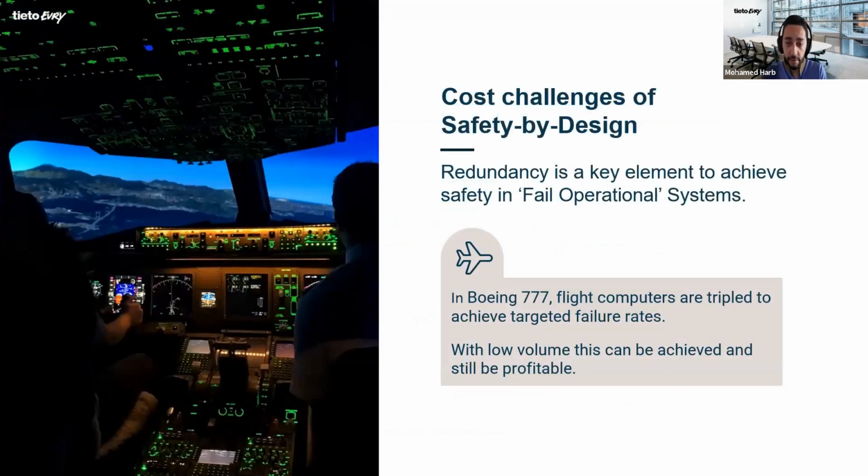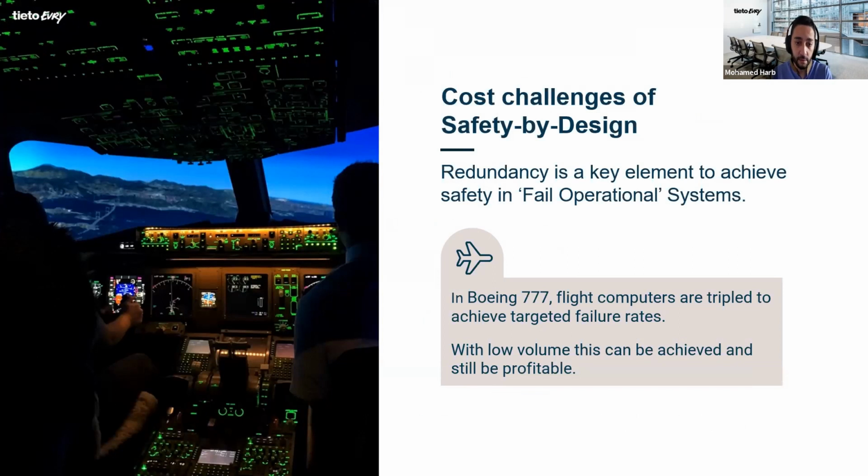On the other hand, the other element of safety is safety by design. There are of course a lot of activities that have to be done during safety by design. Also, there are already standards in place like SOTIF and ISO 26262. One of the key elements to achieve safety by design is redundancy. And redundancy is also an important factor to achieve a fail-operational system.